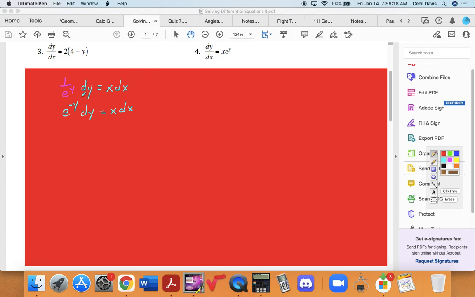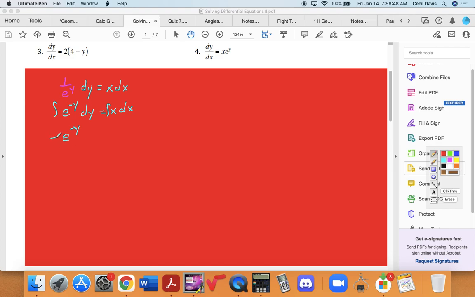And then we want to take the antiderivative on each side. So if it was just e to the y, the antiderivative would be e to the y, right? So that's going to be part of it. Part of it is e to the negative y. But then if I take the derivative of this, I have to use the chain rule, and I'll have times negative 1.